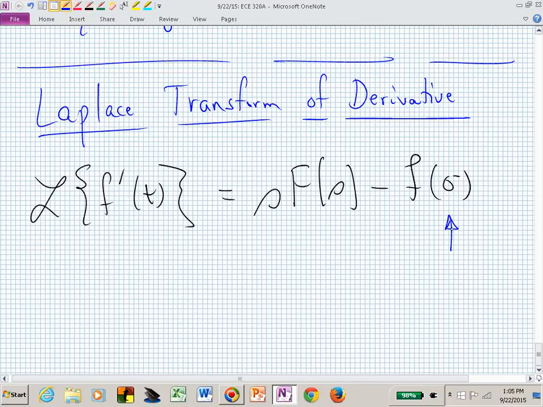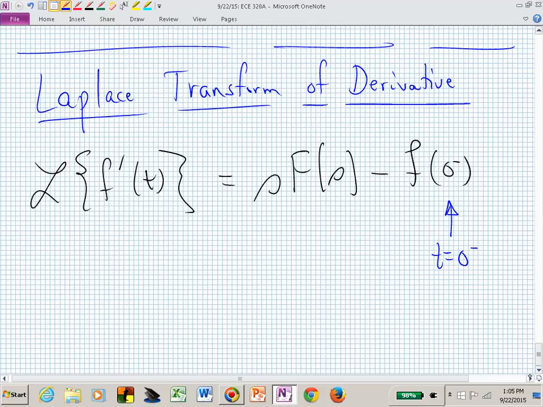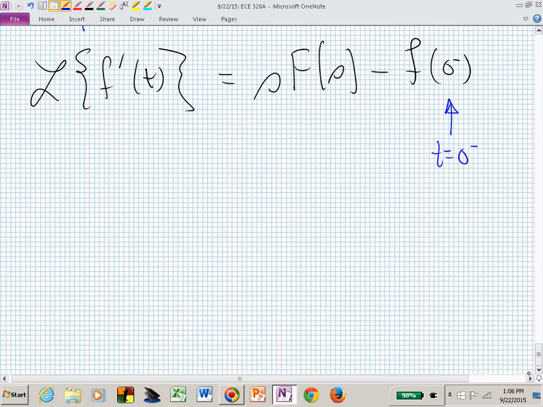Meaning there now is some initial condition that you can include or incorporate when you're Laplace transforming a derivative. And that argument, 0 minus, is t equal to 0 minus. What was your waveform's value at time t equals 0 minus? You take that away from the product s with the Laplace transform of capital F of s.